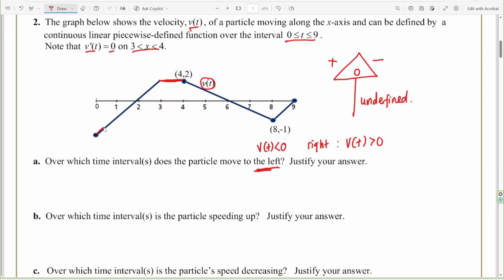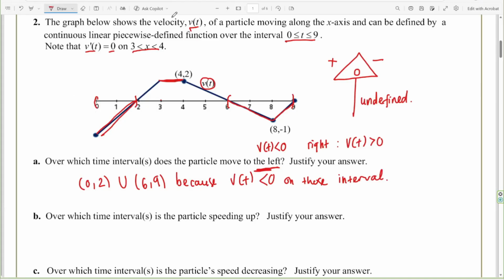So it's going to be this guy right here, below the axis, and this guy right here. So the interval should be 0 to 2 union 6 to 9, because v of t is less than 0 on those intervals.